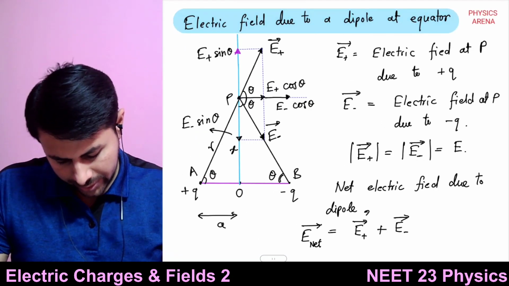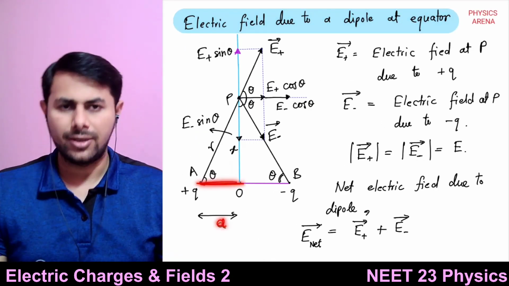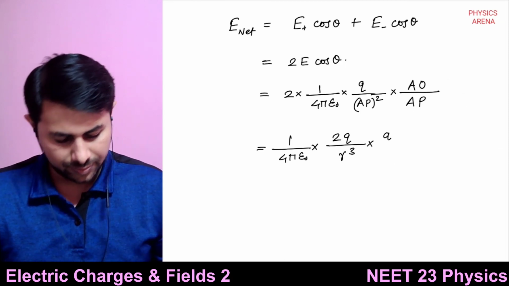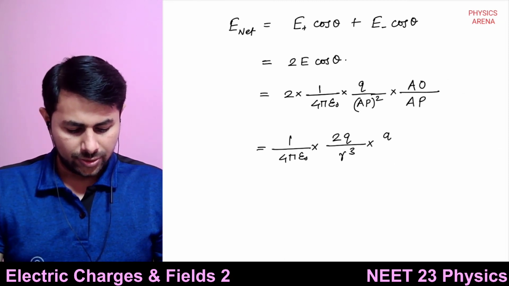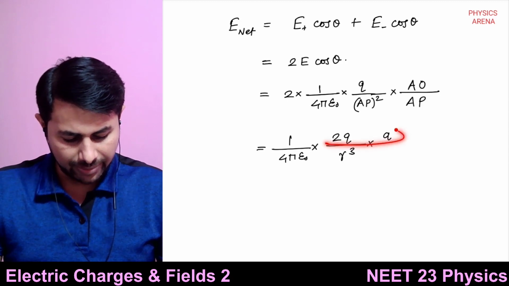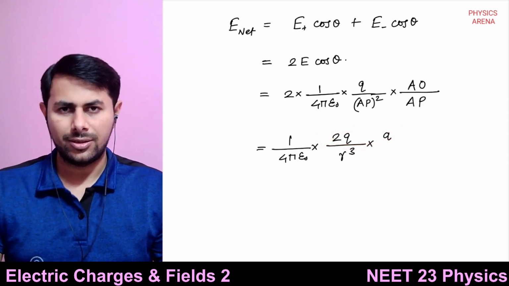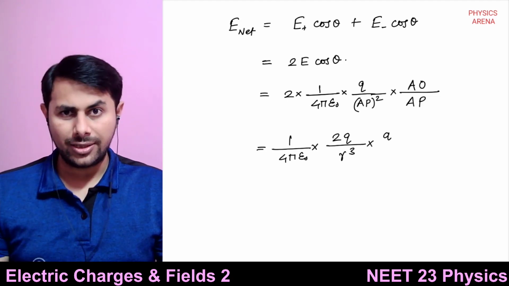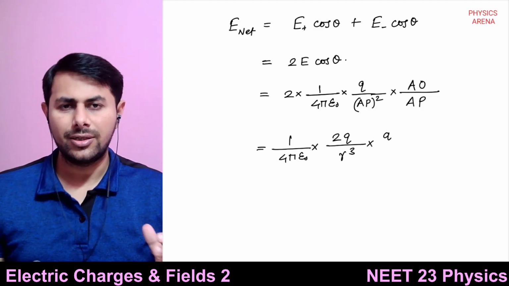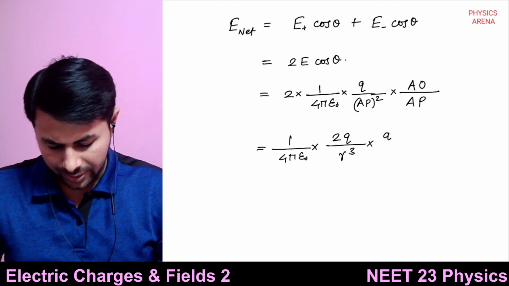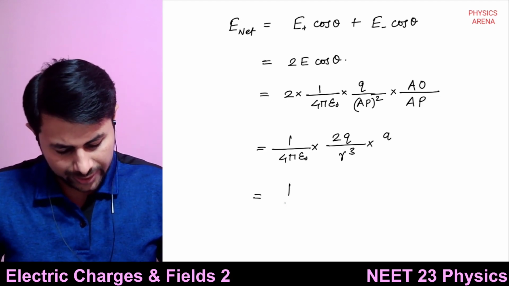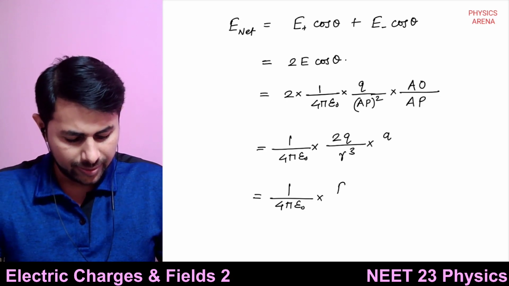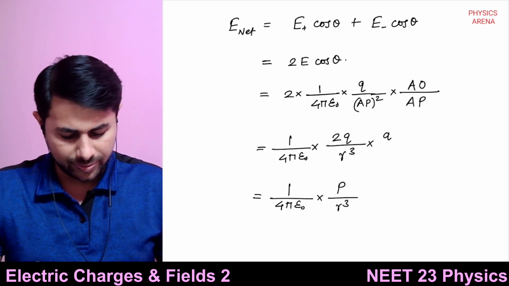What is AO? This distance is equal to small a, half of the length of the dipole. Can you see that there is 2 times QA in the numerator? And 2 times QA, or Q times 2A, is the electric dipole moment. So we can write 1 upon 4 pi epsilon naught multiplied by P upon R cube.